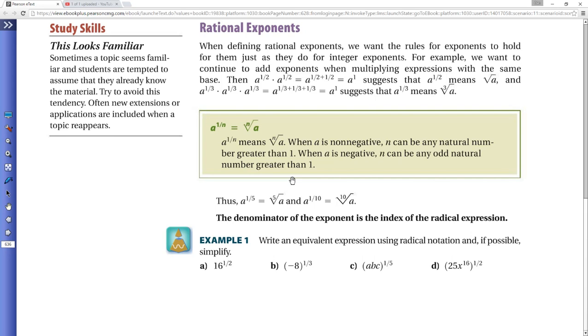Remember, odd can deal with this. So thus, like if we have a to the 1/5 power, that's the 5th root of a. And if we have a to the 1/10 power, that's the 10th root of a. The denominator of the exponent is the index of the radical expression. Index is that little number here, and the radical expression is that check mark division symbol.